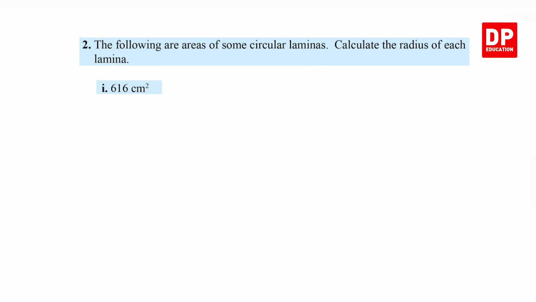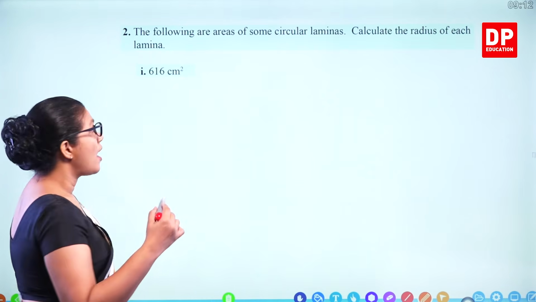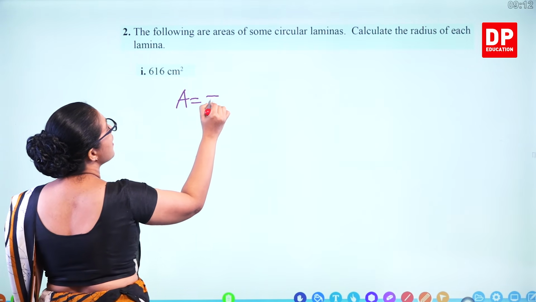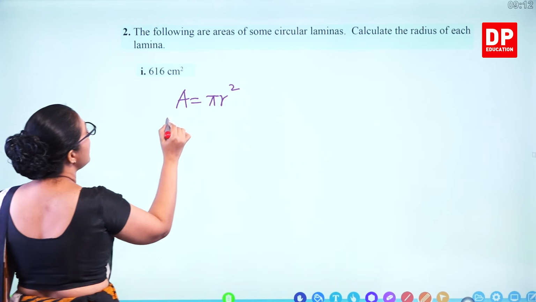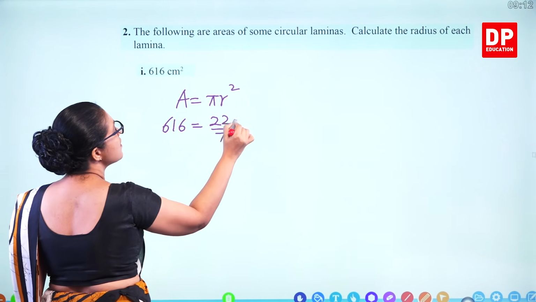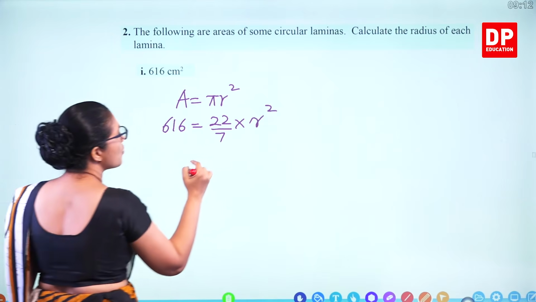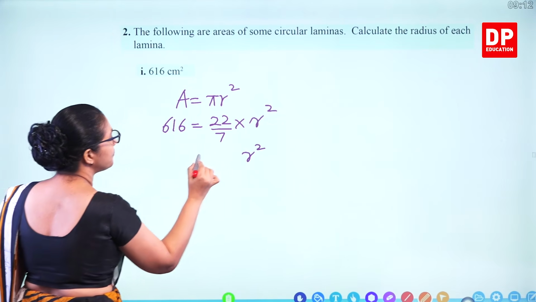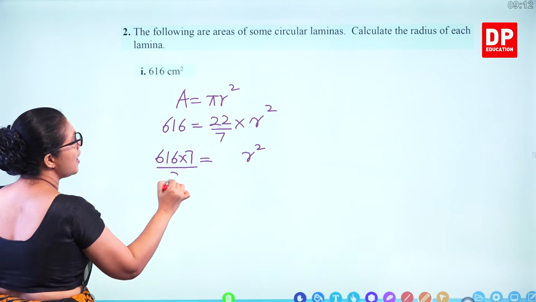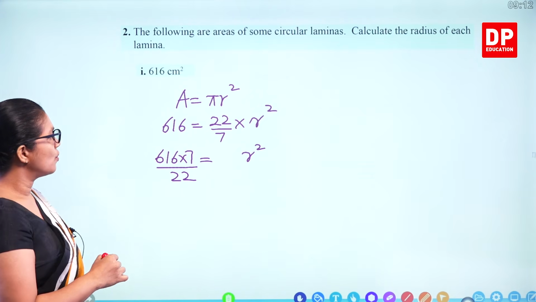The following are areas of some circular laminas. Calculate the radius of each lamina. Now, the other way round. So, area is pi r squared. Area is given and pi you can take 22 over 7 into r squared. So, what's r squared? You can multiply by 7 and divide by 22.